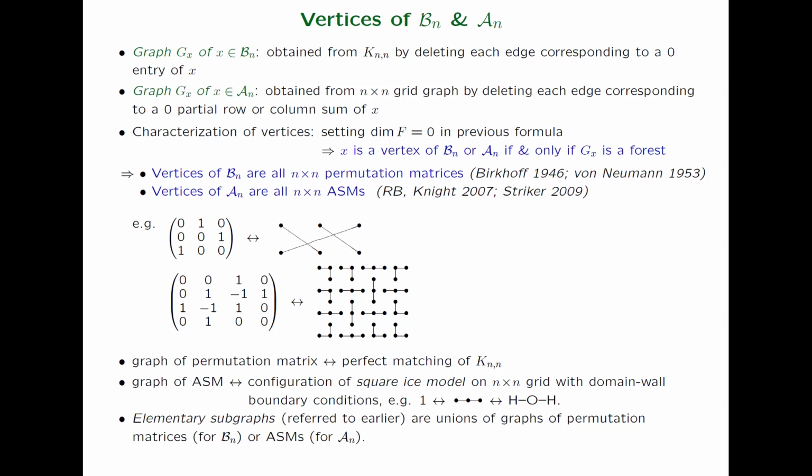If we've got a tree, then there must be a leaf on that tree. So in other words, there must be a vertex of degree 1, where there's only one incident edge.